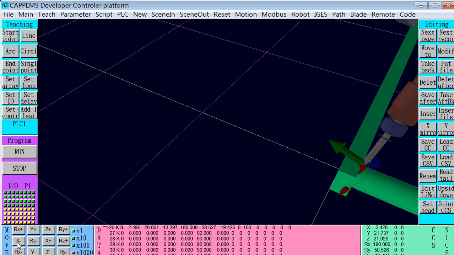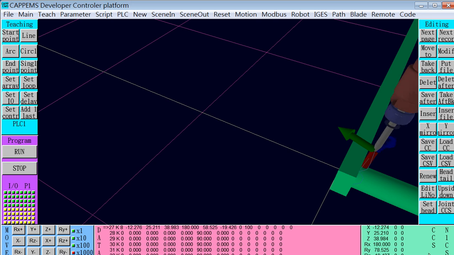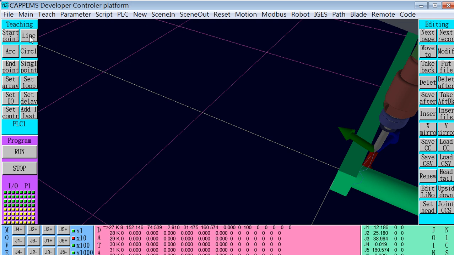X minus once, twice, 3 times, and change to joint mode and 9 first, and then back to Cartesian coordinate system to adjust Ry to 90, 78, 88, okay, 90, 9, and J6 back to 0 to the fastest speeds.